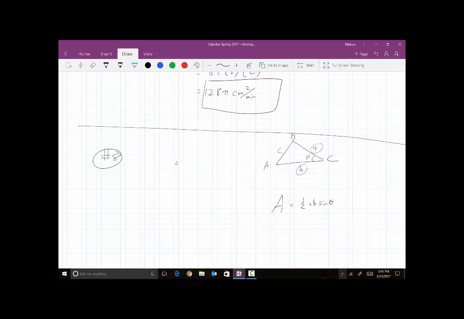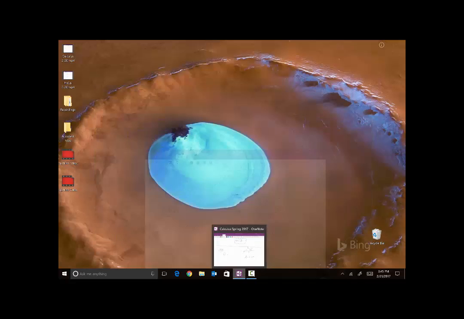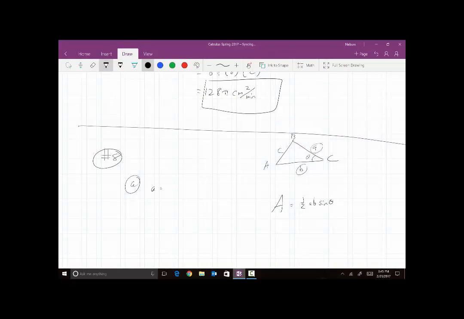Then for part a, this is a 2-parter, or 3-parter. It says if little a is equal to 2 centimeters, and little b is equal to 3 centimeters, these are fixed; they're not changing.